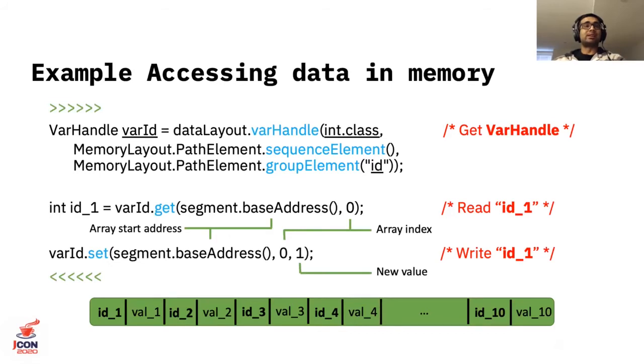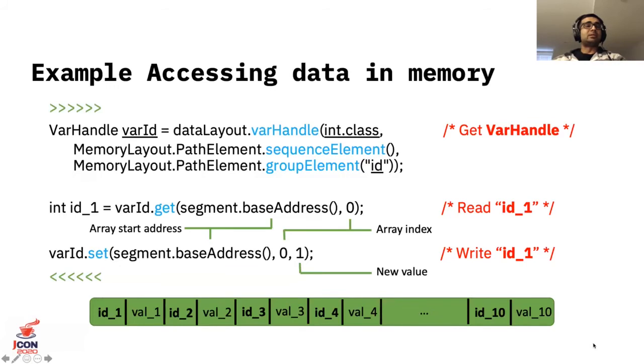Then the example depicts the get and set operations using the VarHandle, which read and write to the memory respectively. So this way, VarHandles can be retrieved from MemoryLayout instances in order to read or modify structured data in memory. And this is very similar to operations we can currently do in C.